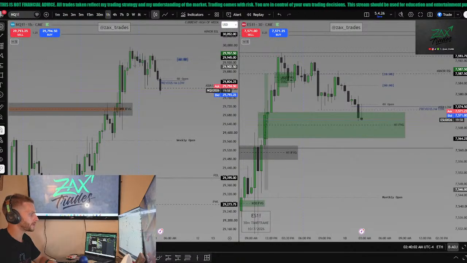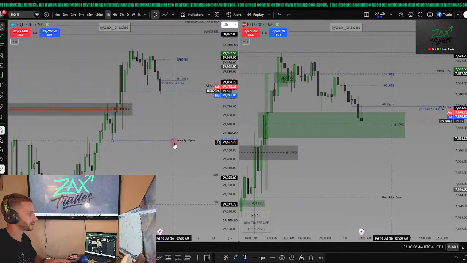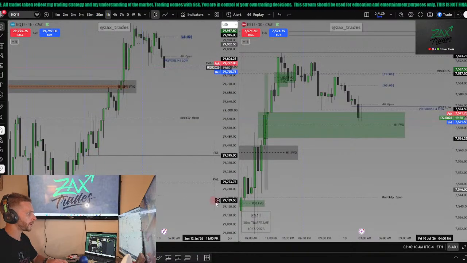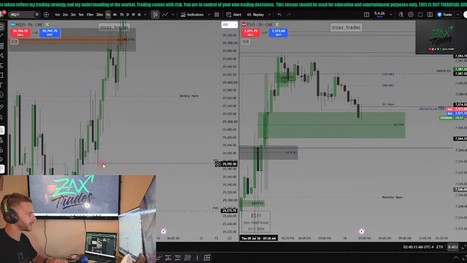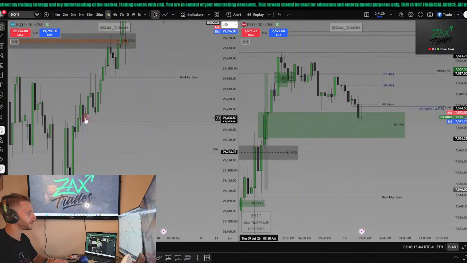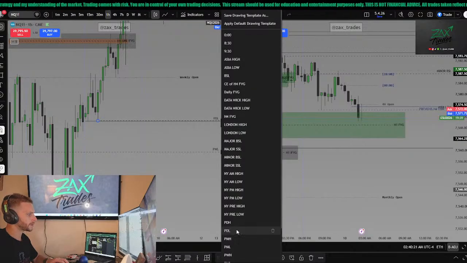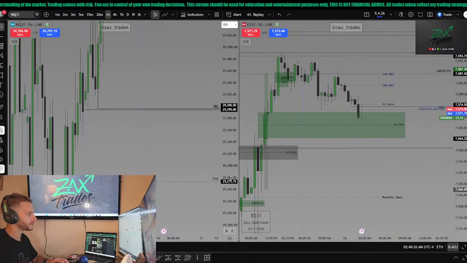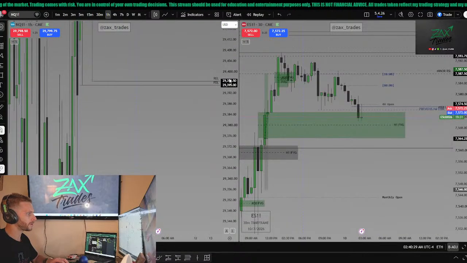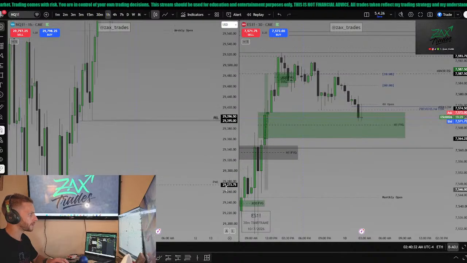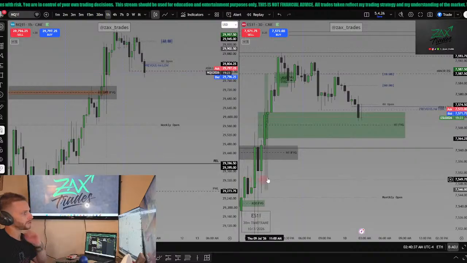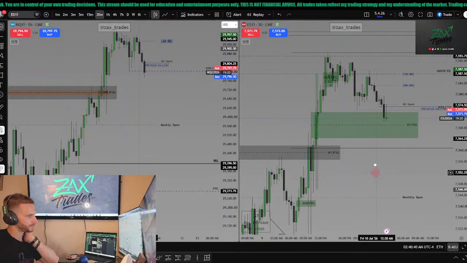You have some hourly lows in here that you could potentially, 100%, use as your target. This is a relative equal low. Actually, this is pretty interesting right here, guys. We have a 1 hour relative equal low, and we can even mark this as a relative equal low, and that's previous day low right on top of it. So REL, relative equal low, PDL, previous day low. That would be interesting, but that's a pretty long way away for where we are right now.